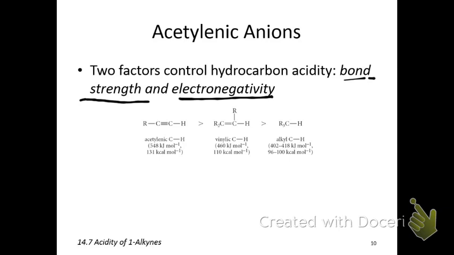And notice that the terminal alkynes have a very strong bond relative to alkanes or even alkenes: 130 kcal per mole compared to just 100 kcal per mole for the alkanes. The stronger the bond, of course, the harder it is to break.